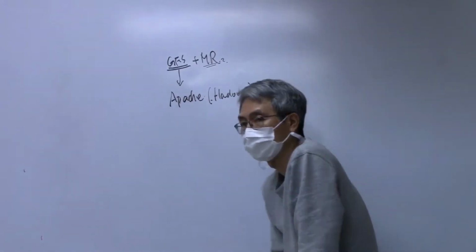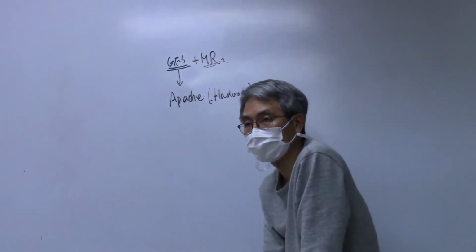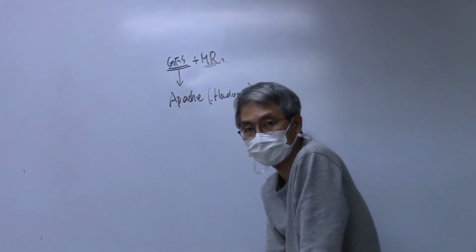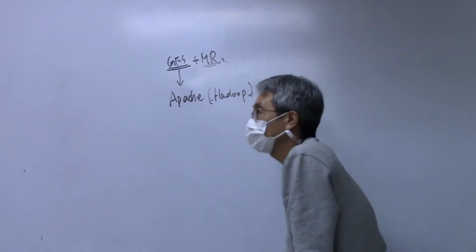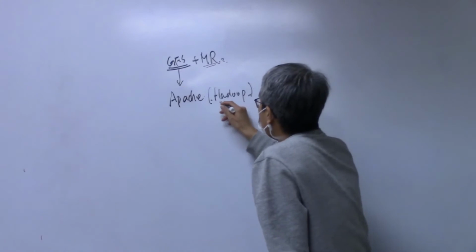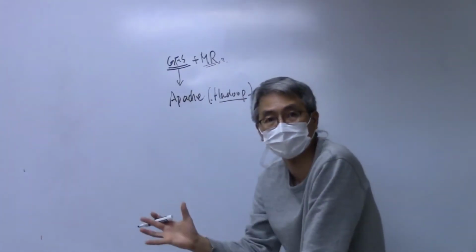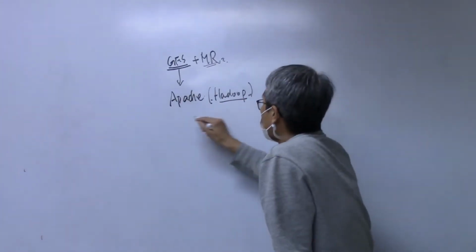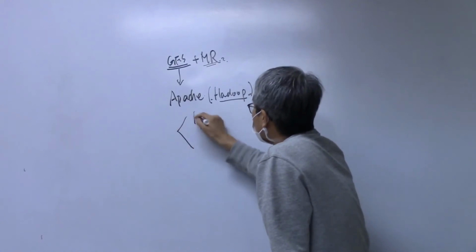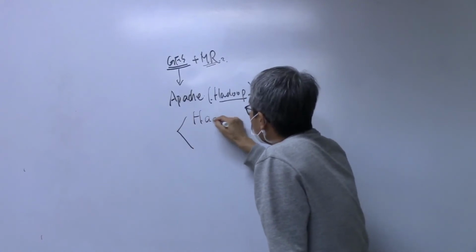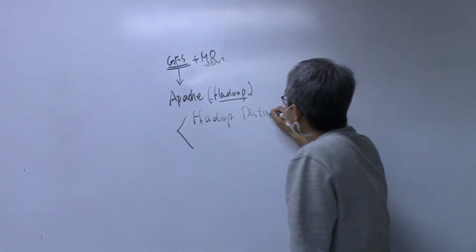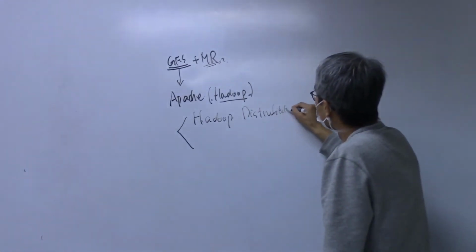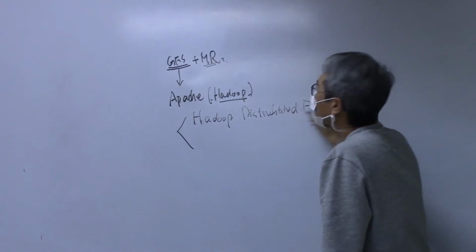So the engineers of the Google File System created a job and contributed to the Apache Foundation Hadoop system. Hadoop is the general name of such a system. Specifically, Hadoop has the Hadoop distributed file system. It's a file system.